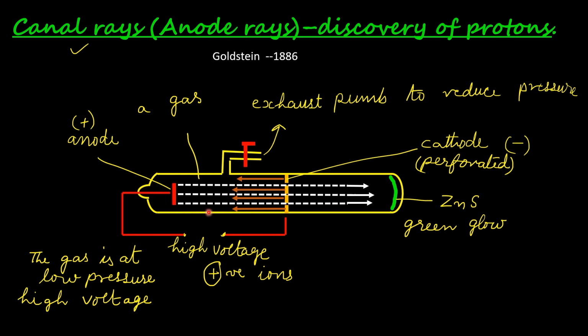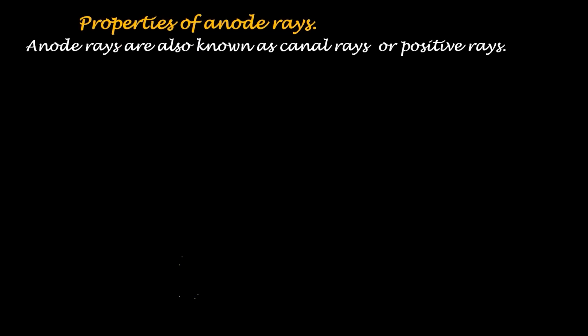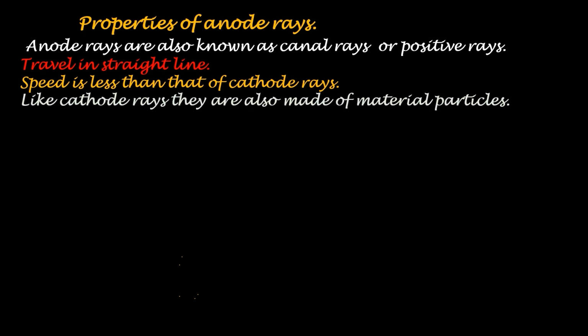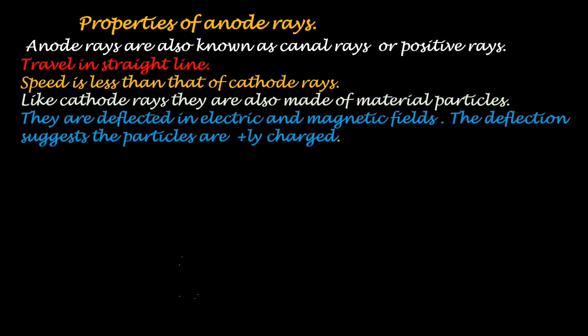Now we will see the properties. Anode rays are also known as canal rays and positive rays. It has already been explained. They also travel in a straight line, but the speed is less than that of cathode rays. Like cathode rays, they also are made of material particles. They are also deflected in electric and magnetic fields.